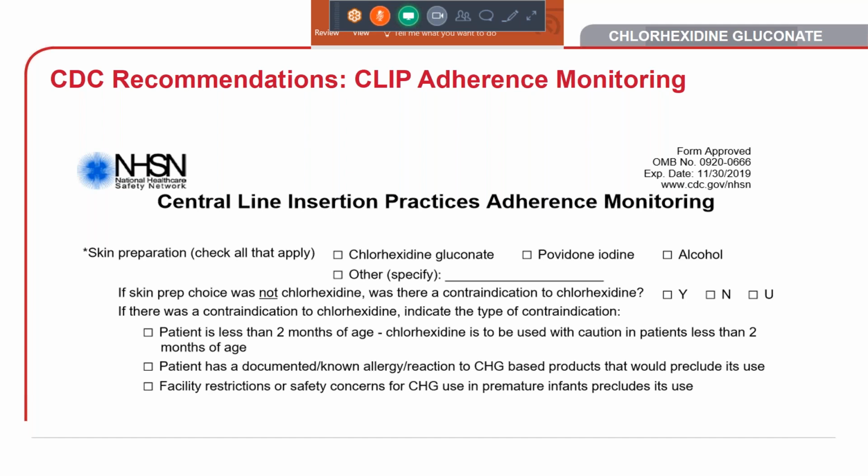You see that if chlorhexidine is not the skin prep choice, there needs to be a rationale provided. Was there a contraindication to chlorhexidine? And then very specifically, they're looking for what that type of contraindication would be for that particular patient.